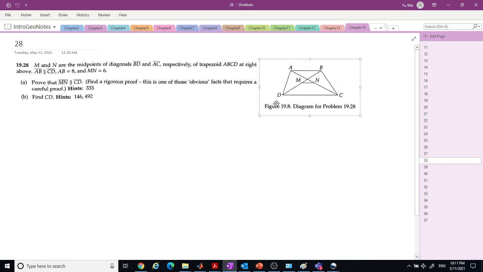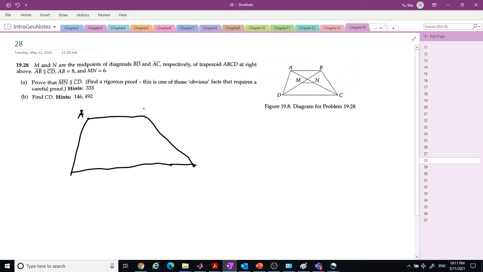Now, question 28. We have the trapezoid ABCD, and BD and AC are the diagonals, right?